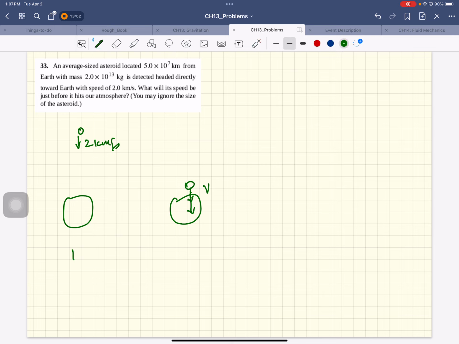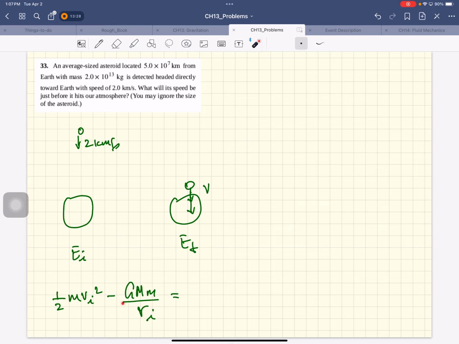Now, this is an energy conservation problem. Energy is conserved. Okay. So kinetic energy plus potential energy is equal to the final kinetic energy plus potential energy. And here's how you calculate it.